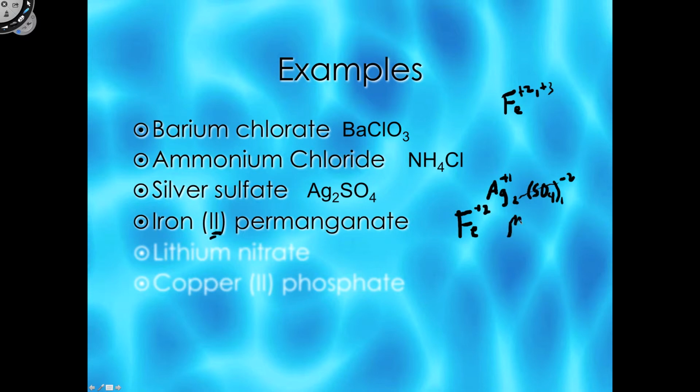Permanganate, MnO4, I looked that one up. It's got a -1 charge, put it in parentheses. Do they add up to 0? No, they don't. So the 2 crisscrosses. The 1 goes there. We don't need 1s in chemistry though, so there's our answer for that one.